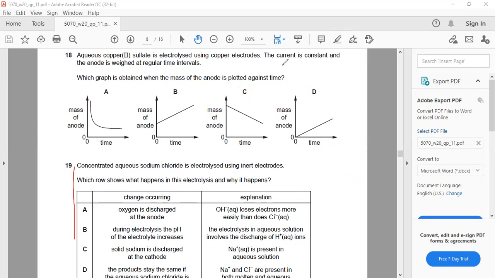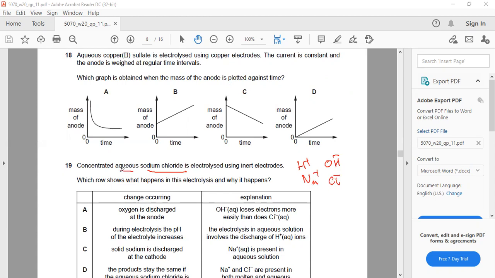Okay, the next question is also about electrolysis. Concentrated sodium chloride. It means H plus and OH minus are always in the water. Oxygen at the anode? Let's see.